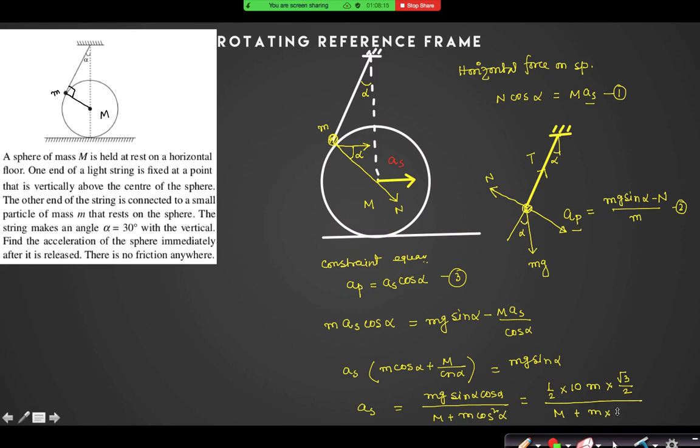Cos square 30 degrees is 3 by 4. Are we getting this? So 4 gets cancelled out, and it is 10 root 3 m divided by (4M plus 3m). I think that should be the answer to this question.